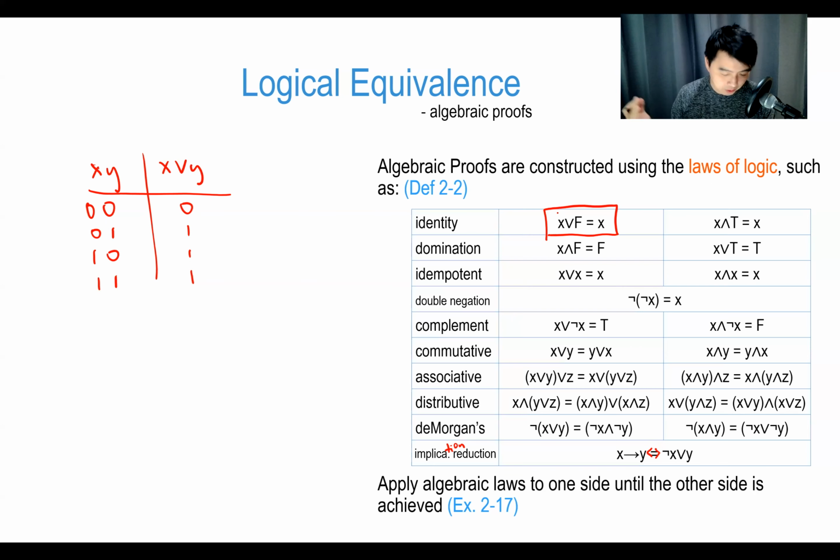So it's always equal to 0, it's always false. So we're going to strike out this row and also this row, where the Y's are ones. I'm not looking at those situations in this case. And what you're seeing is that the outcome, the X or Y, is exactly equal to X. So you can probably see where that law is coming from. You could probably reason it out as well.